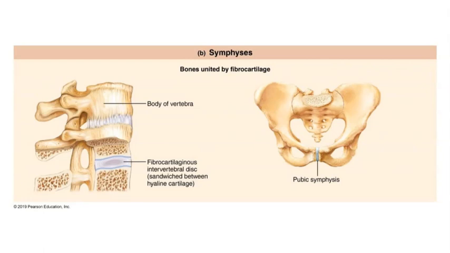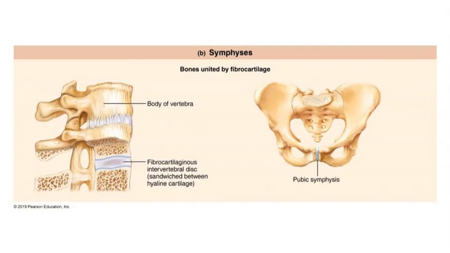Recall that in cartilaginous joints where the bones are united by fibrocartilage, the bulk of the material found in the joint between the two bones is fibrocartilage, and that's what a symphysis is: a fibrocartilaginous joint.